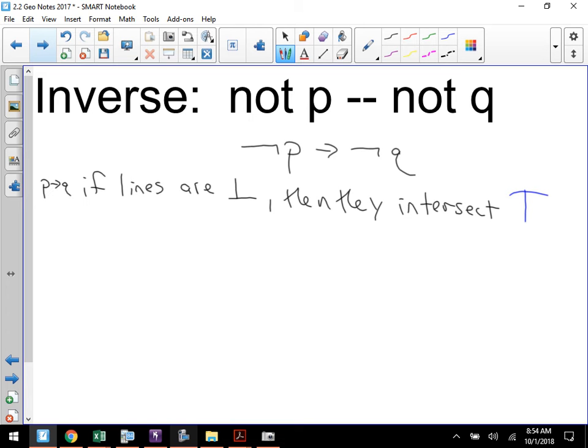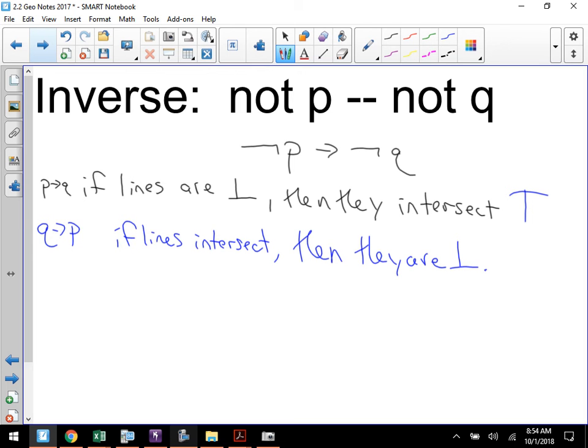So if I go to the next one, converse, I flip-flop it. Converse was Q implies P. We just did this one a little minute ago. If lines intersect, then they are perpendicular. Was that true or false? If lines intersect, they are perpendicular?